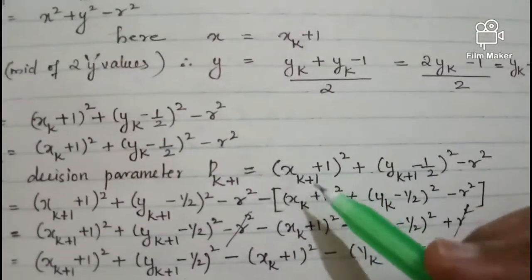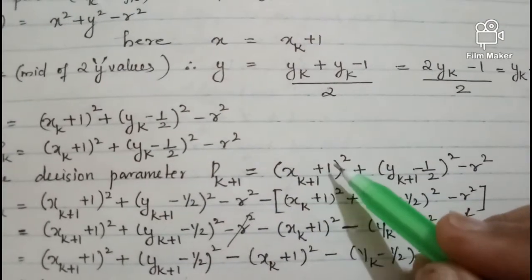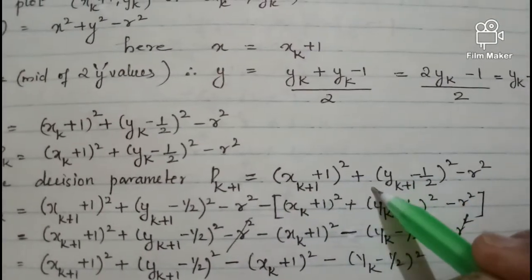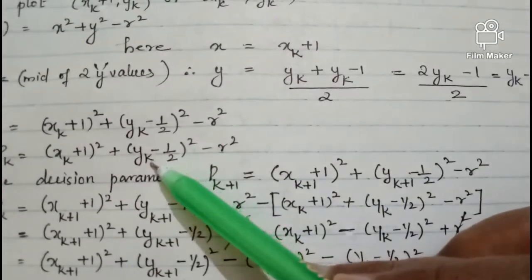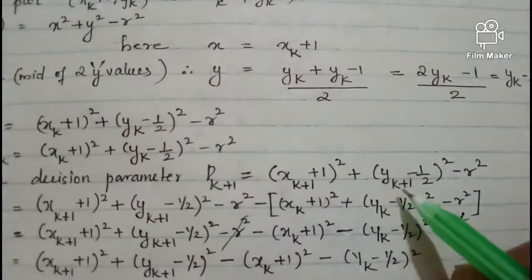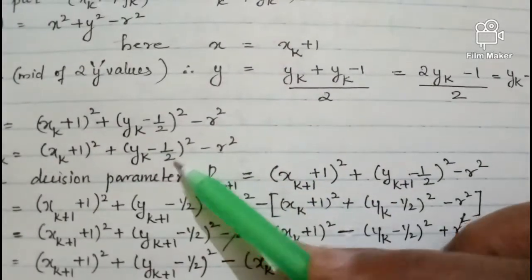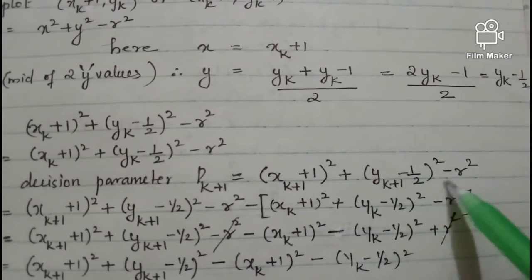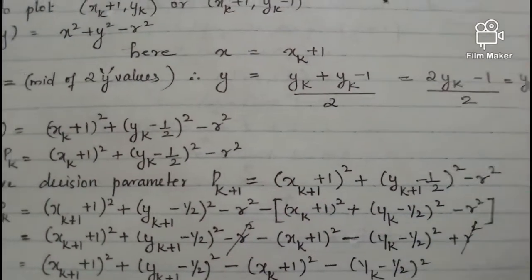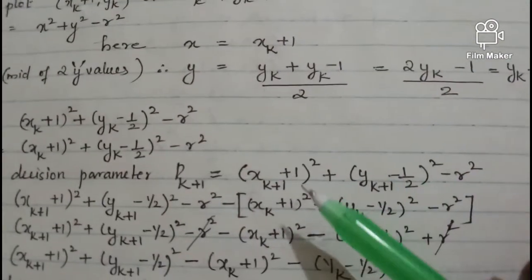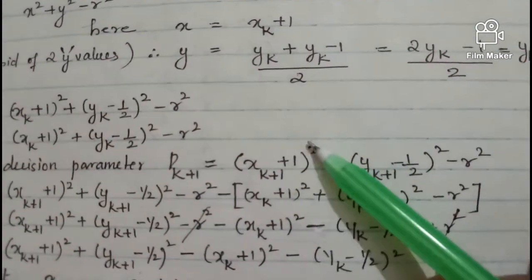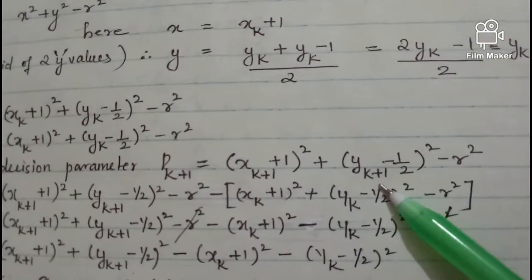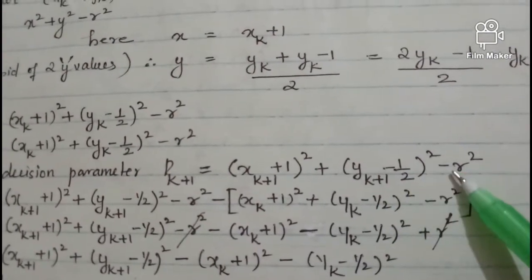So it became xk plus 1 the whole square plus yk became yk plus 1. yk plus 1 minus half the whole square minus r square. So the equation of pk plus 1 is xk plus 1 the whole square plus yk plus 1 minus half the whole square minus r square.